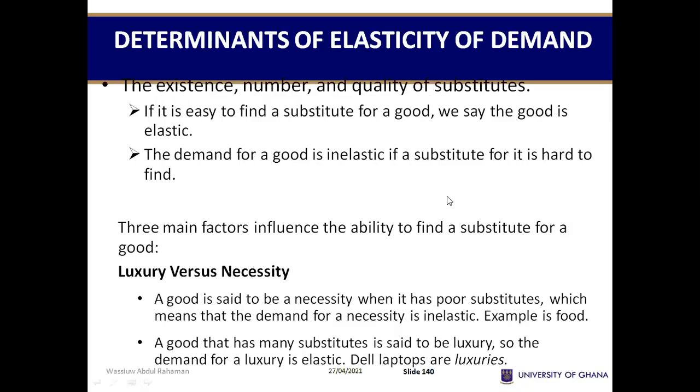As I was saying, the determinants of own price elasticity, I've already discussed with you. We mentioned the availability of substitutes, the proportion of income spent on the commodity, whether the commodity is a luxury or a necessity, and the last one is the time frame, whether it's in the short run or in the long run.